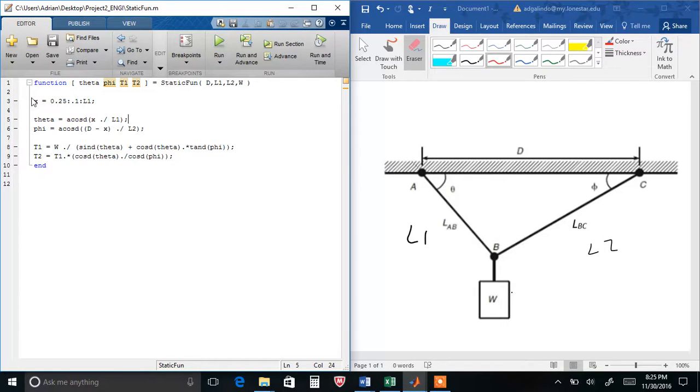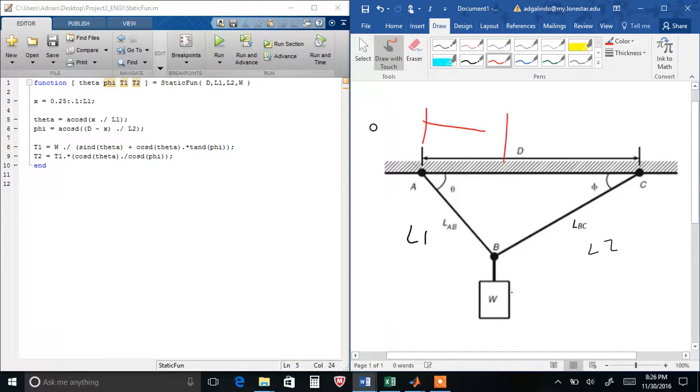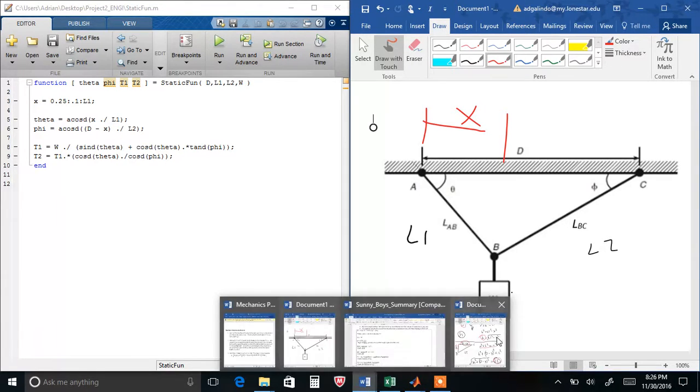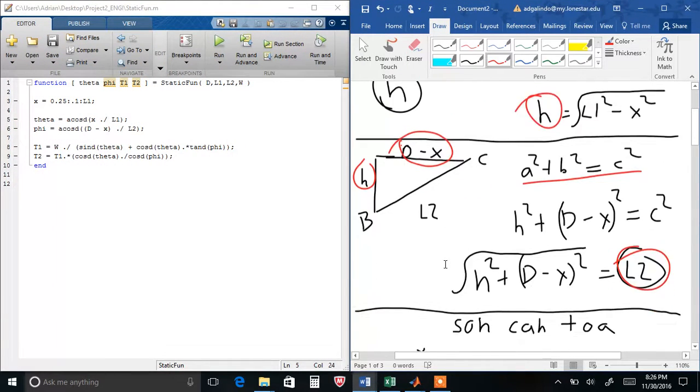In our function, we have inputted x again, our range, and if you forgot, x would be this right here. And then we have theta, phi, T1 and T2, and then we have the equations that we use to get those values. I will show y'all right now what equations we use.